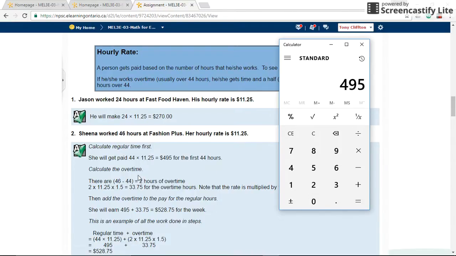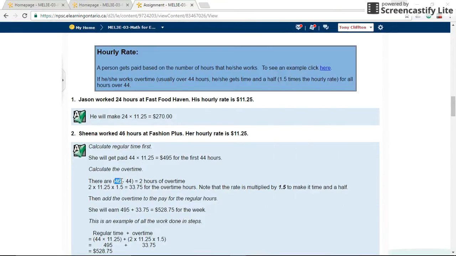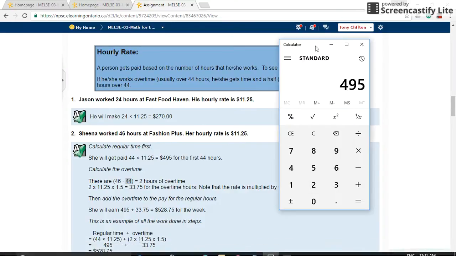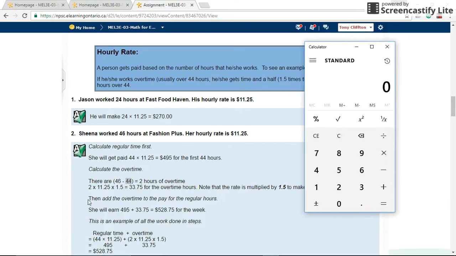However, she has 2 hours of overtime, right? She worked 46. The regular rate is 44 hours, so she has 2 hours of overtime. So to figure out what her overtime rate is, how much is she going to get paid for each hour of overtime, you take 2 hours times 11.25 times 1.5, the overtime rate, which equals $33.75.